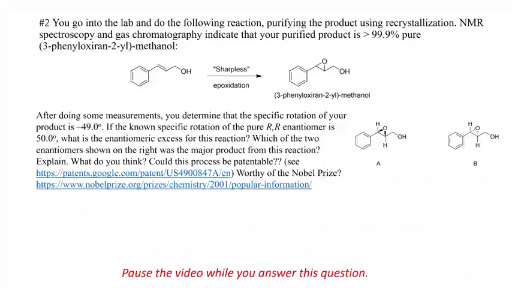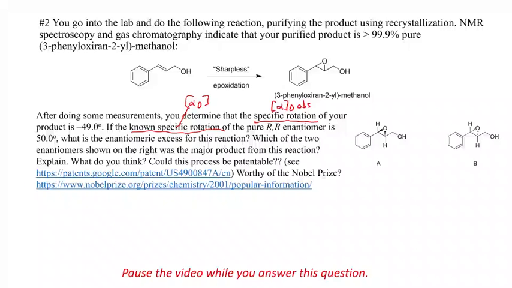Okay, here we go. Okay, what do we got here? Our specific rotation of the product is minus 49 degrees. That's our alpha D observed. The known specific rotation, that's alpha D, of the pure RR enantiomer is 50 degrees. What's the enantiomeric excess for this reaction?